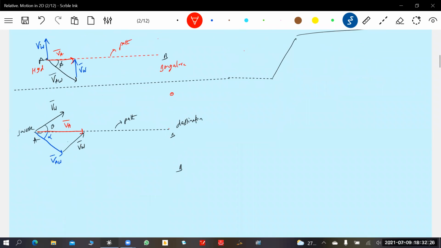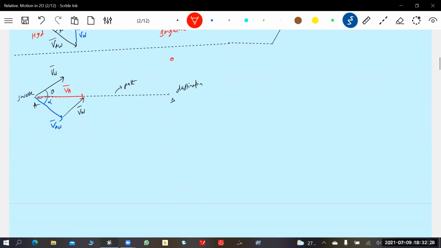Then what mathematics can we do? The net resultant velocity should be along the path. Therefore the components of the velocity of wind and that of the velocity of air with respect to wind, perpendicular to the path, should nullify. Perpendicular to the path, we can write VW sin theta minus VAW sin alpha equal to 0.